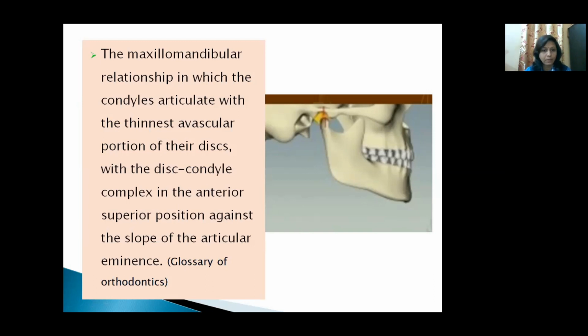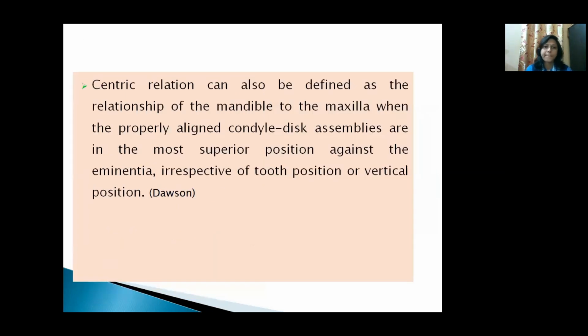This definition was given by the Glossary of Orthodontics. It is also defined as the relationship of the mandible to the maxilla when the properly aligned condyle-disc assemblies are in the most superior position against the eminence, irrespective of tooth position or vertical position.